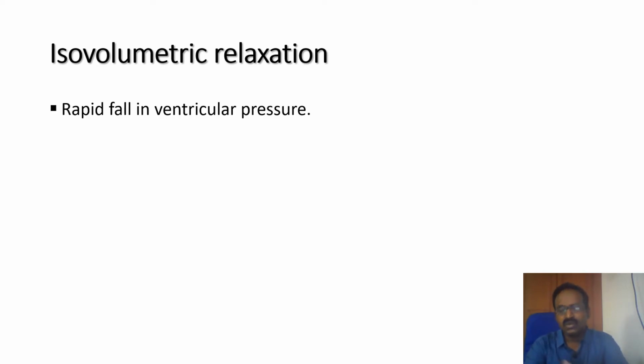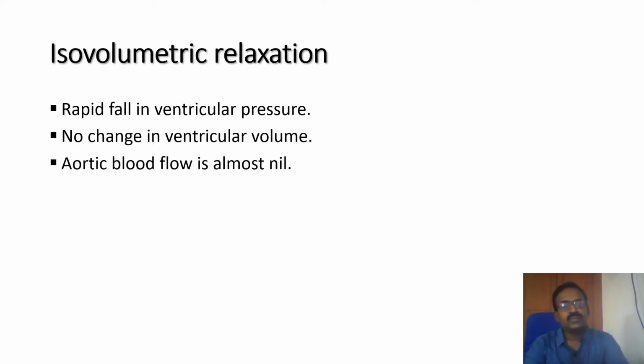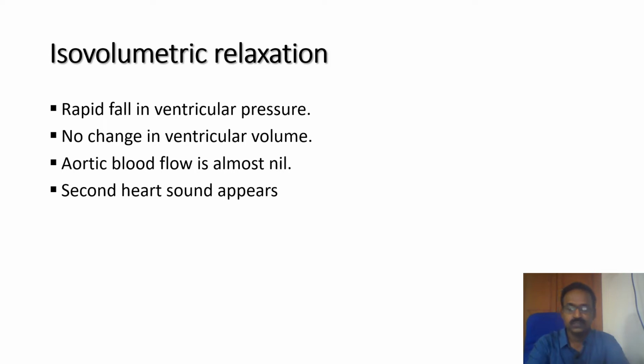Rapid fall in the ventricular pressure. So in relaxation there is no change in the volume, but the relaxation of the ventricle occurs. So no change in ventricular volume. Aortic blood flow is almost nil. No blood flow in the aorta. Second heart sound appears in this stage due to the closure of the semilunar valves.